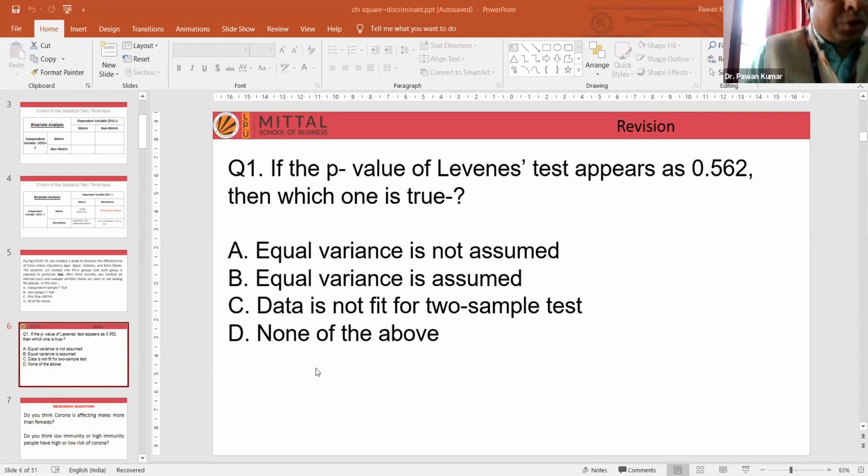But if your objective is exploring the factors, then you can go for exploratory factor analysis, which is called factor analysis. So according to your objective, you should know which technique or test you will apply. Now next, I have taken a research question.